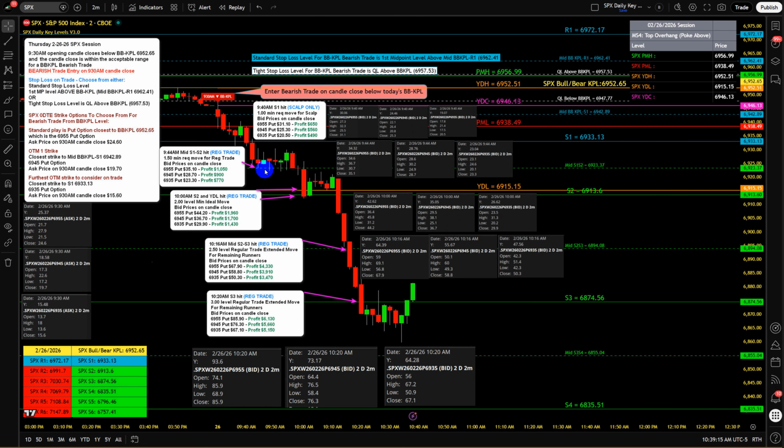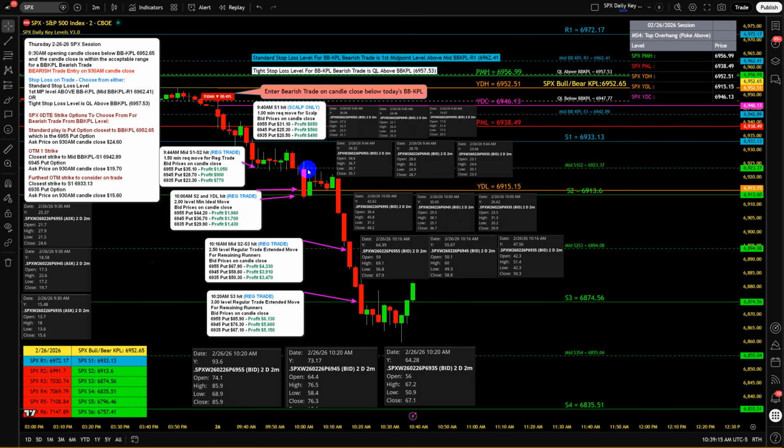So just something to keep in mind. The V2.0 previous version did not work on the XSP, but now this V3.0 version also works on the SPX mini index, the XSP.